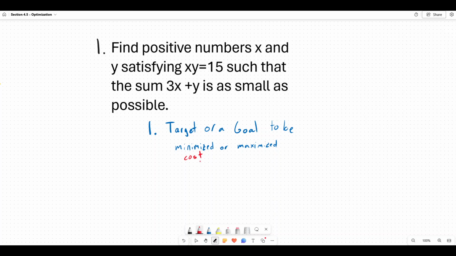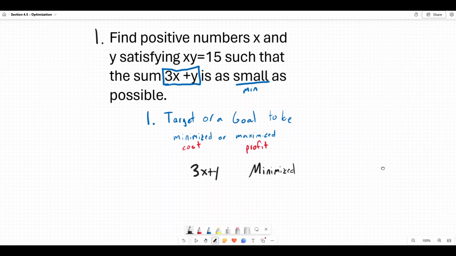We like to minimize harm. We like to minimize bad things. We also like to maximize profit, good things, expectations, right? So normally we're going to have a target. And so what is our target? Specifically, this 3x plus y is going to be minimized. So what's our target? 3x plus y to be minimized.